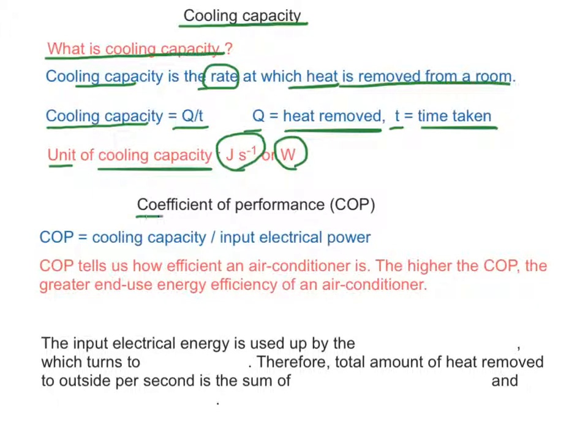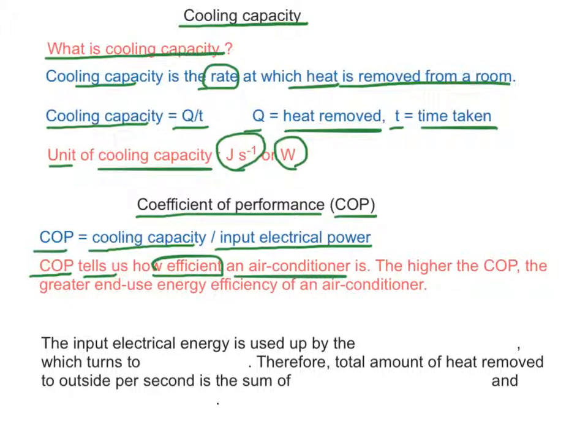What is the coefficient of performance for an air conditioner? COP. COP is the ratio of cooling capacity to input electrical power. The COP tells us how efficient an air conditioner is.